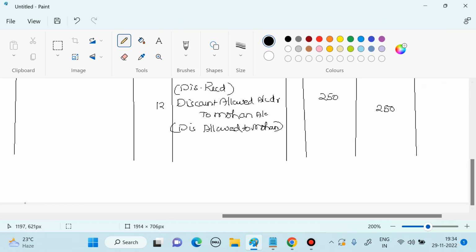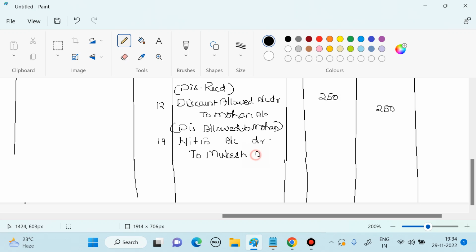So the entry would come in the journal. We have to nullify the creditor Nitin, so we are settling his dues with debit Nitin, our creditor. And we are receiving from the debtor Mukesh. So Mukesh is no longer supposed to pay. He has paid and settled. So we credit Mukesh. So Nitin account debit to Mukesh account would be the journal entry.